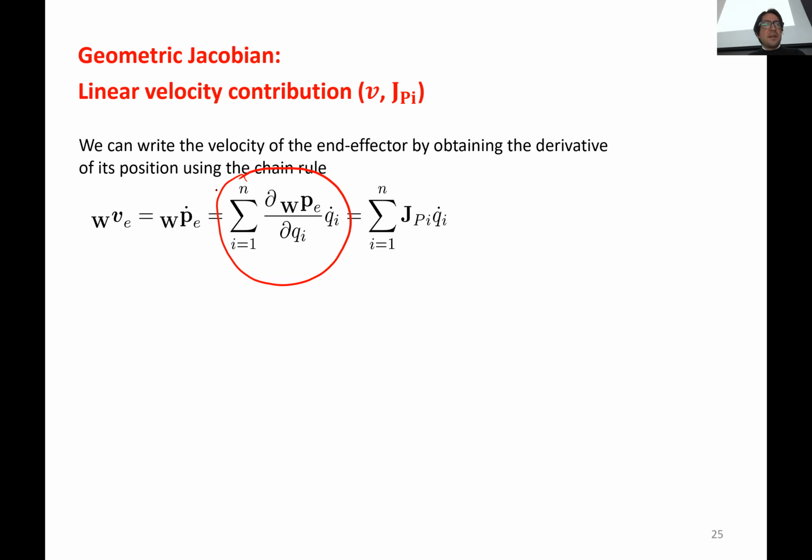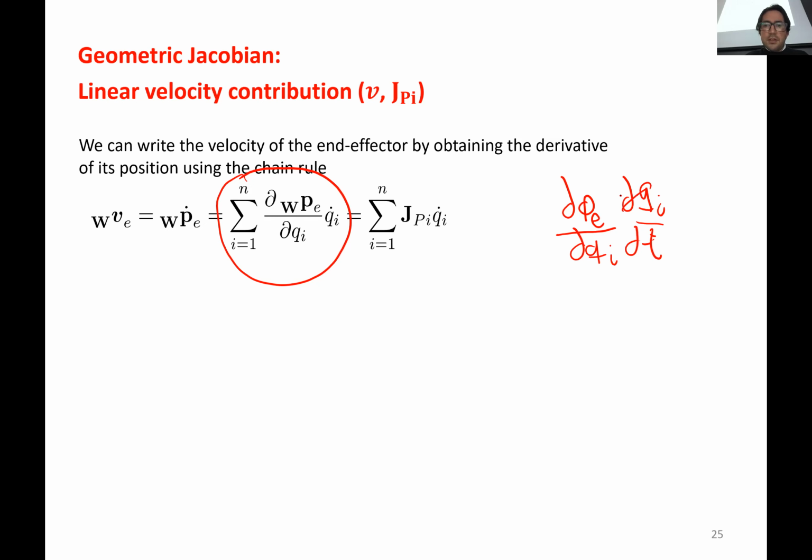It's just taking the derivative of the position of the end effector, which is obtained by the chain rule, which is basically the derivative with respect to time of the joint variable, dq dt, and then if we remove the summation for now, it would be dpe over dqi.